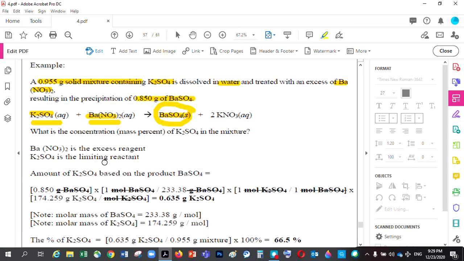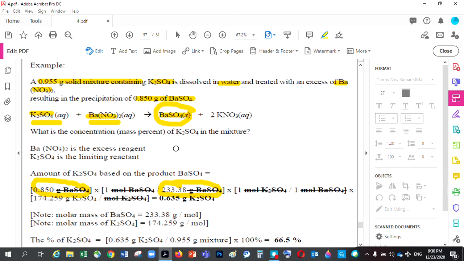potassium sulfate. Now we have to know how much potassium sulfate is in the mixture of 0.95 grams based on 0.850 gram of barium sulfate. Well, let's start. We start with whatever is given to us, 0.850 gram barium sulfate, divided by the molar mass of barium sulfate.